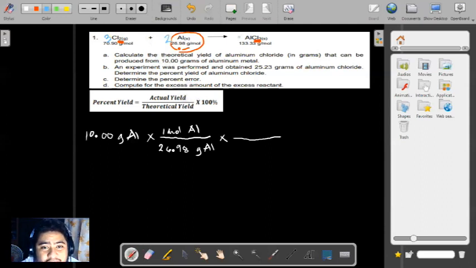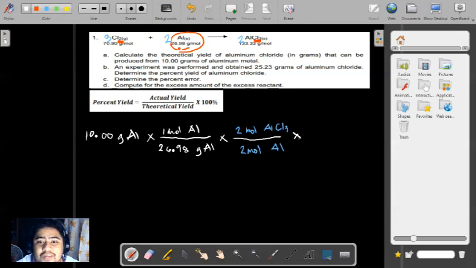So dito naman ay magiging 2. So notice meron tayong dalawang aluminum, both side, sa reactant tsaka sa product, and then 6 na Cl sa both reactant and product. So from that equation, ang ating magiging relationship would be for every 2 moles of AlCl3, meron tayong 2 mole ng aluminum.